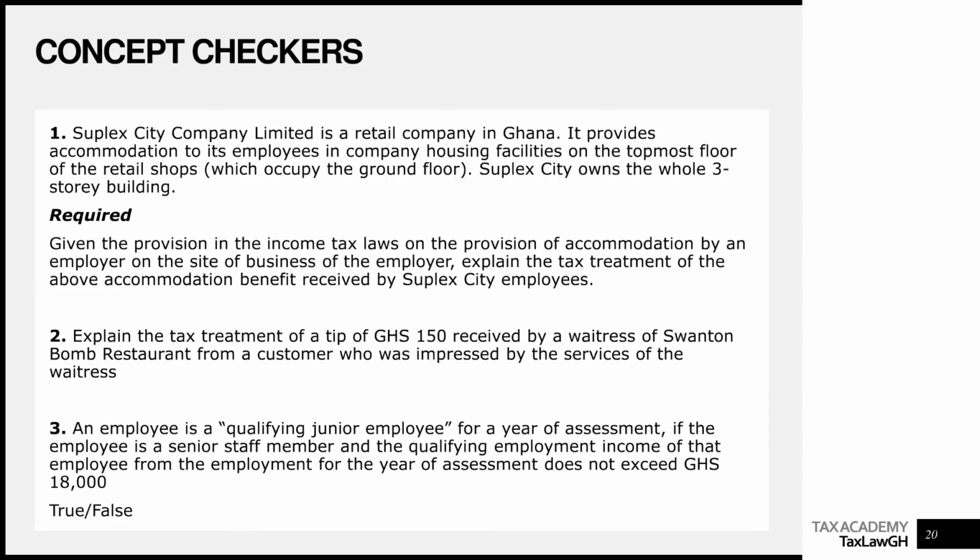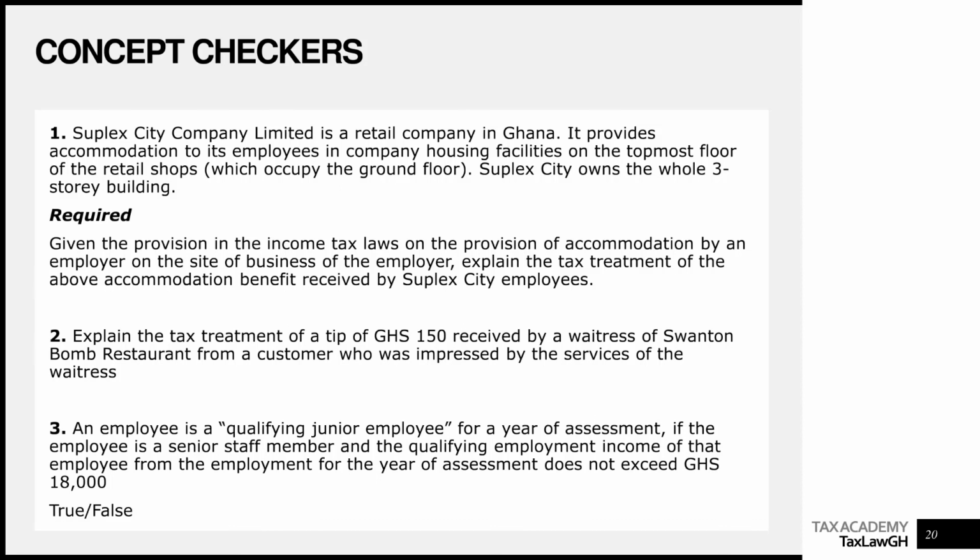Question 2, explain the tax treatment of a tip of 150 Ghana cedis received by a waitress of Swanton Bomb restaurant from a customer who was impressed by the services of the waitress. If you listen to me carefully, in I think part 1 of this video, I said that a tip technically can be considered to be a gift received under an employment.